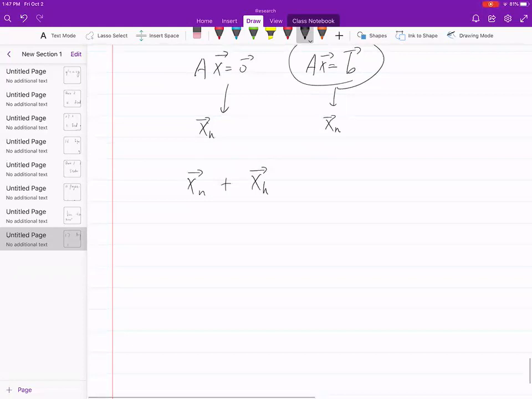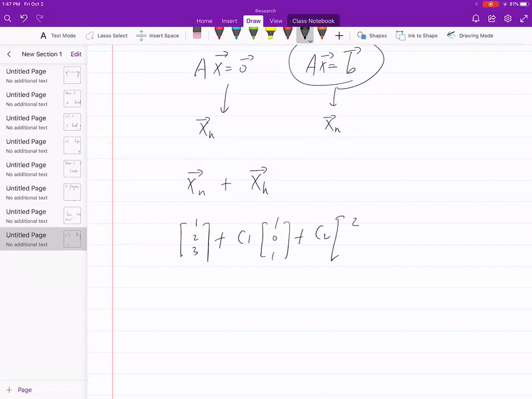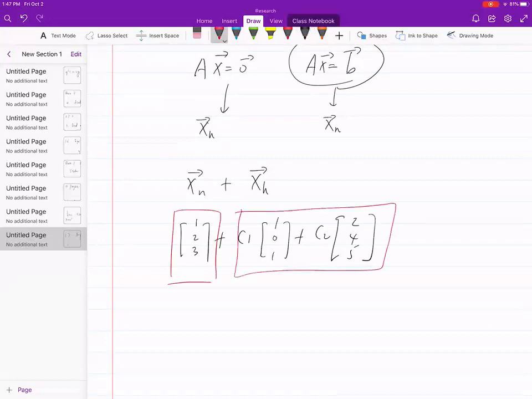For example, if you solve something, your solution looks like 1, 2, 3 plus C1 times 1, 0, 1 plus C2 times 2, 4, 5. Do you remember? Your solution generally looks like this. You got one special solution, and you got the whole bunch of things here. All these things come from the homogeneous case.